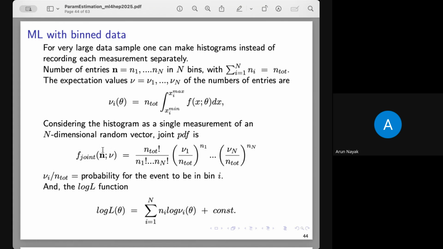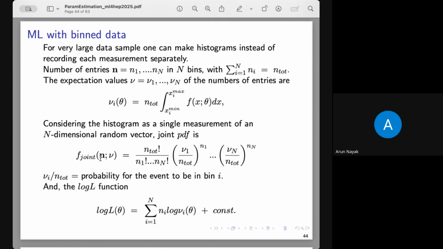So the joint probability in this case will be a multinomial distribution of n1 events of type 1, and n2 of type 2, and so on, with expected numbers nu1 up to nuN. And here nu i by n total gives the probability of getting n1 events of type 1, and so on.